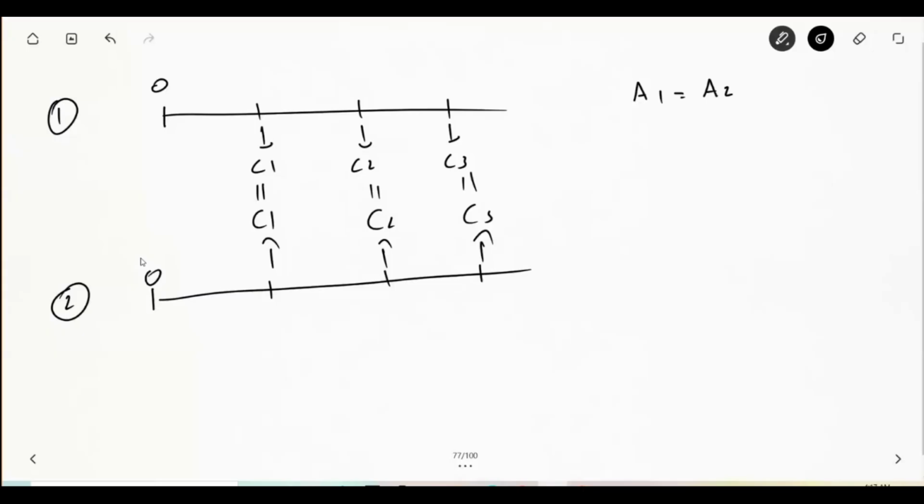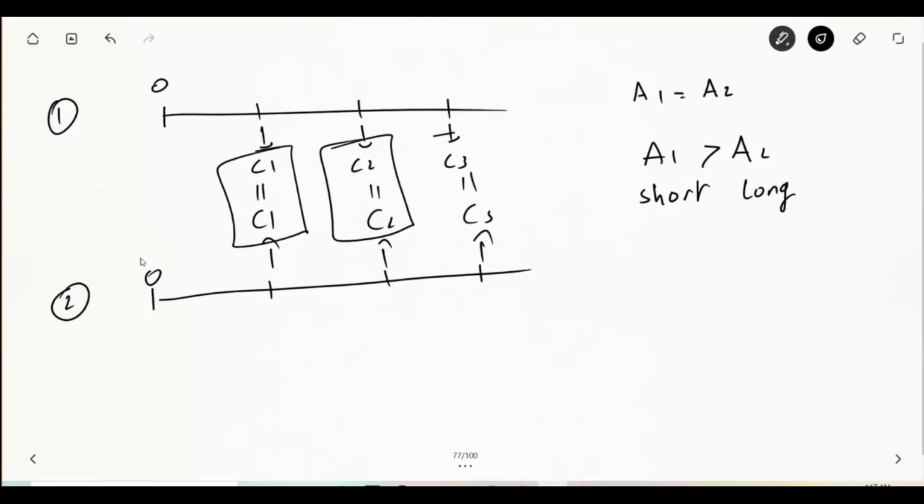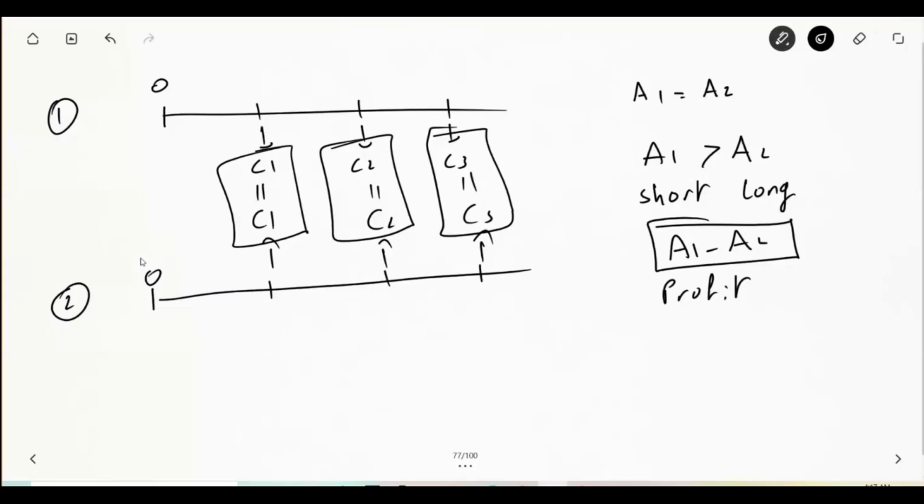If A1 is greater than A2, an investor can take a short position on A1 and a long position on the second asset, A2, because the future cash flows will cancel out. So the risk-free profit in this case is the difference, A1 minus A2. This is going to be the profit from the arbitrage opportunity.